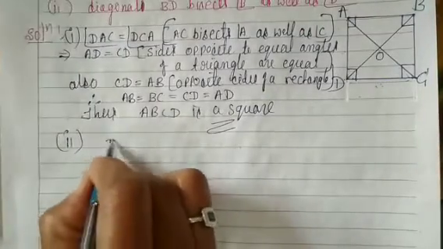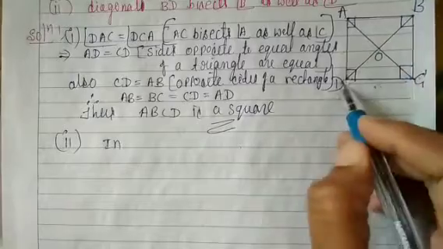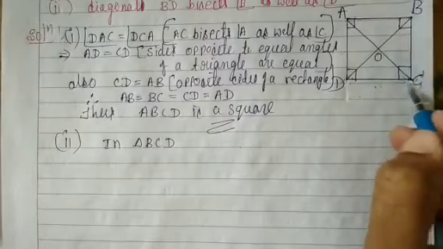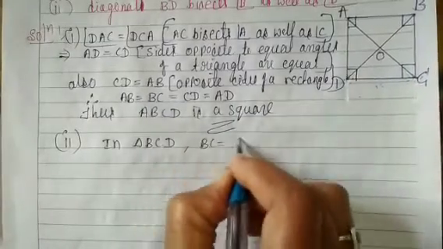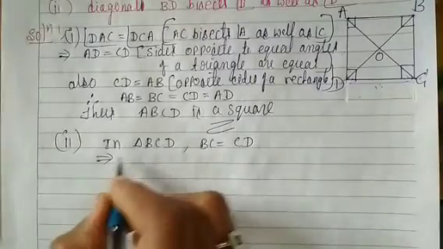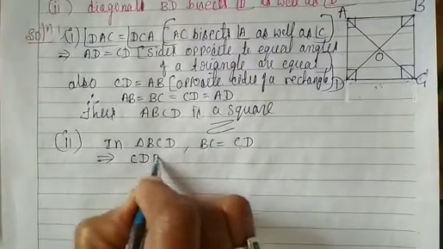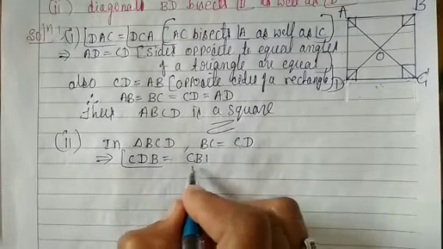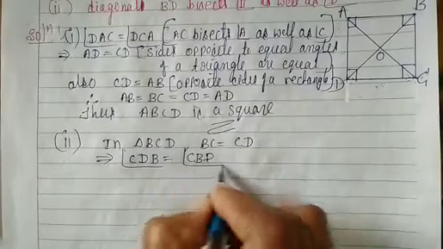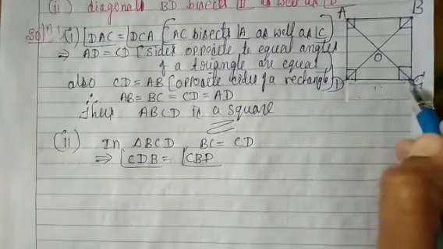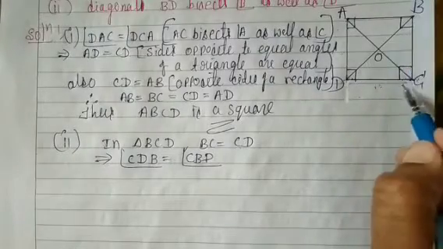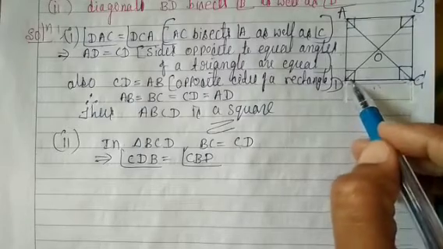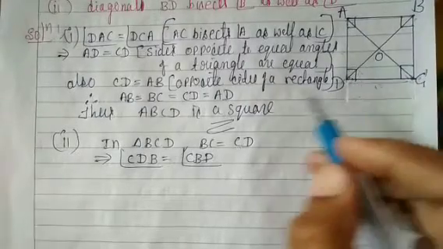Second one, in triangle BCD, BC is equal to CD. This implies that angle CDB is equal to angle CBD. Angle CDB is equal to CBD means angle B is equal to angle D. The same method as the first one.